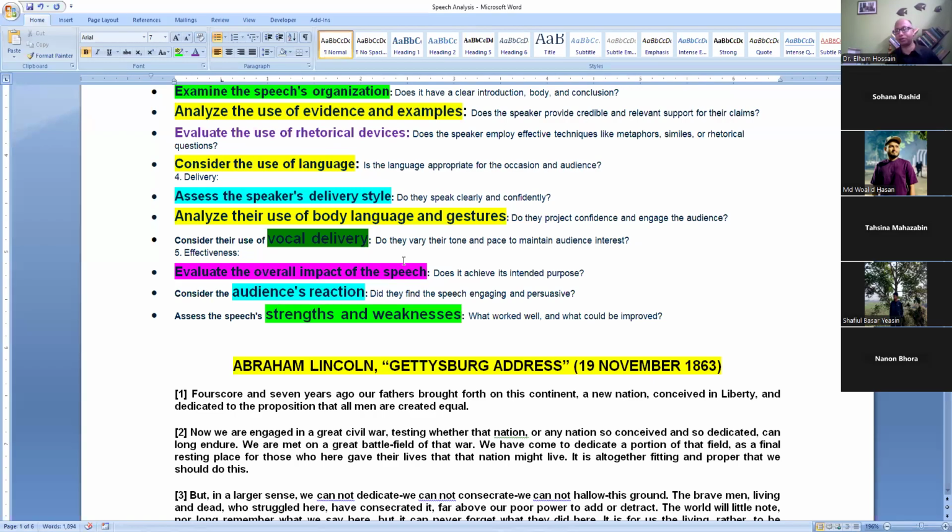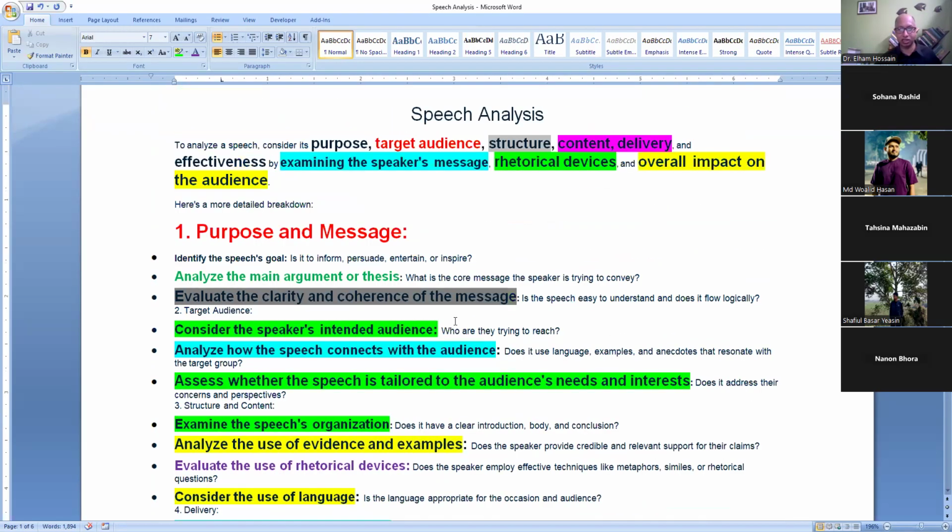So you have to assess. You have to throw light on the weakness and strength of the speech. So I think these are the things that we must consider during the analysis of a speech.